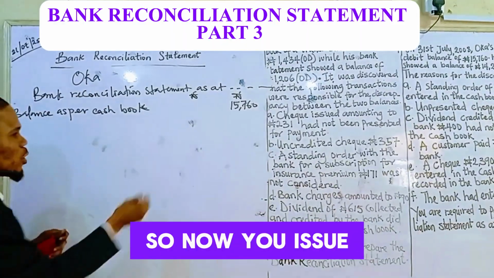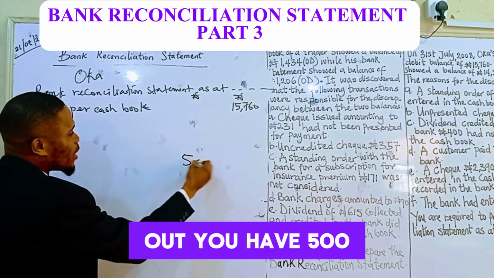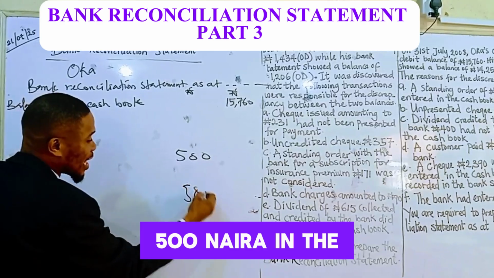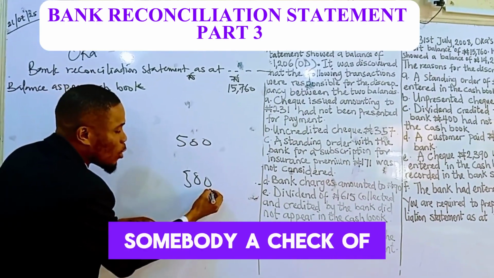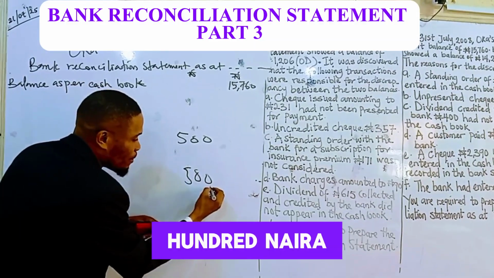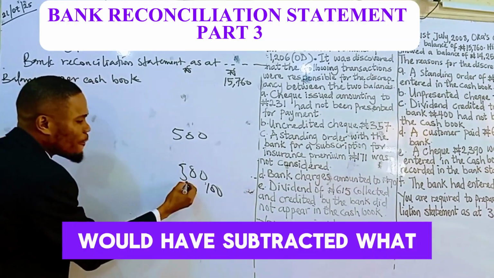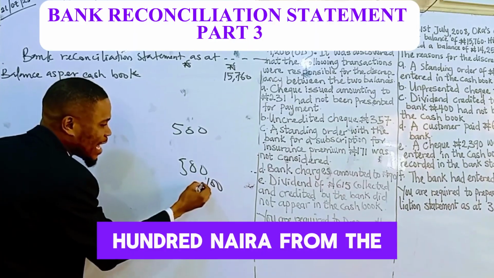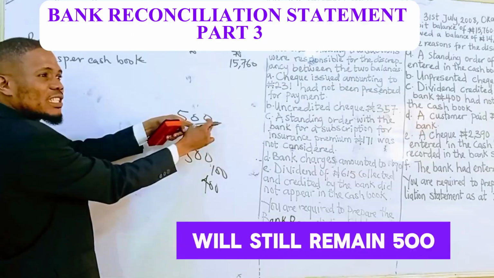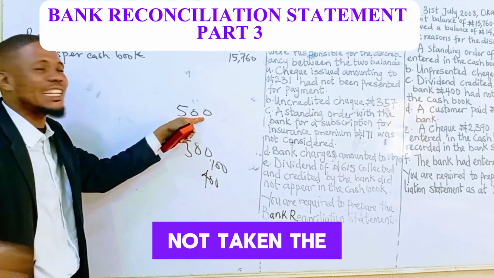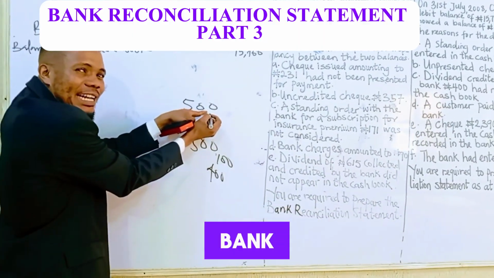You have 500 naira in the bank and 500 naira in the cash book. But in the cash book, you give somebody a check of 100 naira. So you would have subtracted 100 naira from the cash book. The cash book will remain 400 naira, but the bank statement will still remain 500 naira because the person has not taken the check to the bank.